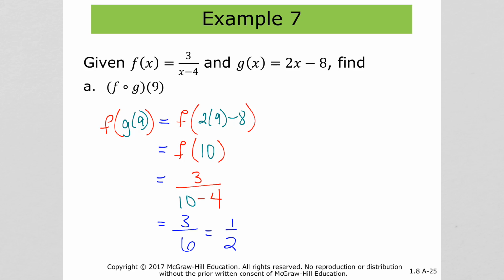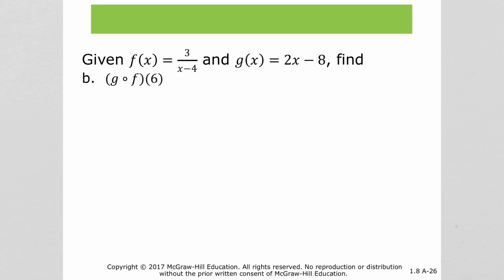And of course it's going to have us go the opposite direction. So g of f of 6 this time. That's g of 3 over 6 minus 4.